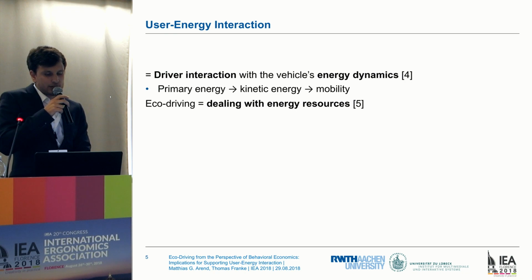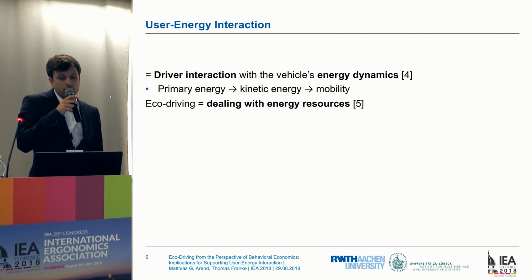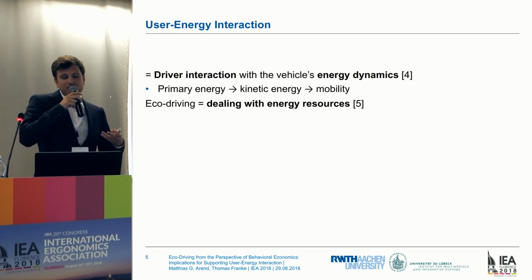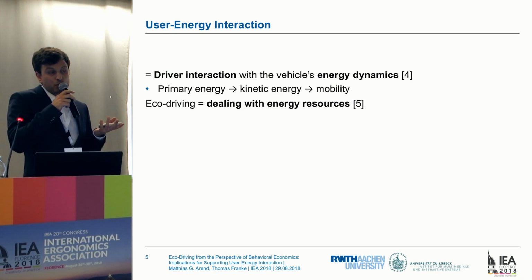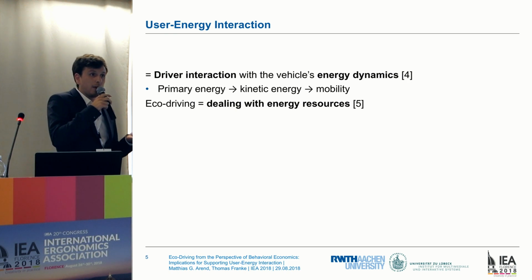User energy interaction is driver interaction with the vehicle's energy dynamics. The reason for its importance is that we have primary energy, such as fuel or electric energy in electric vehicles, which must be converted into mobility.